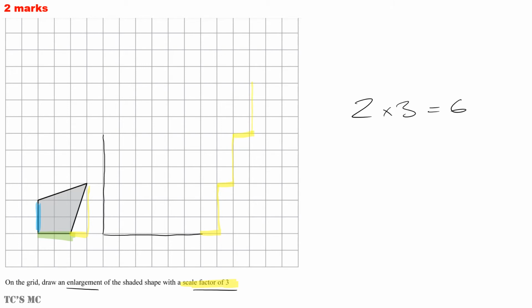Now, using my ruler, I'm going to join that up. And then I need to join those points up. If I have the exact shape that you can see here, I would get 2 marks. If I have the vertical and the horizontal lengths correct, but not the diagonals, I would get 1 mark.